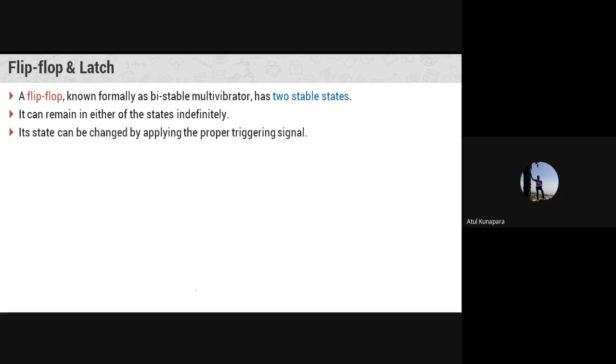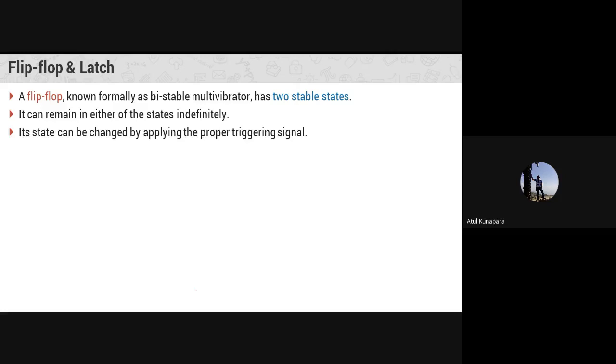For example, when you are saving some data in your pen drive, we are connecting that pen drive with our desktop or laptop, and then we are copying data from our desktop device to that pen drive space. So when you're copying the data, what it is actually doing is changing the state of all the flip-flops or all the latches inside your pen drive, right?